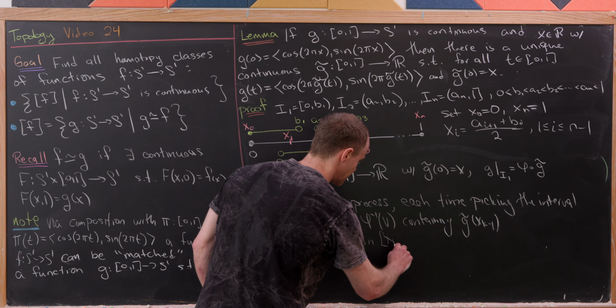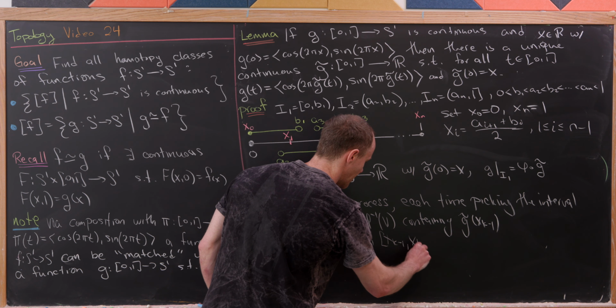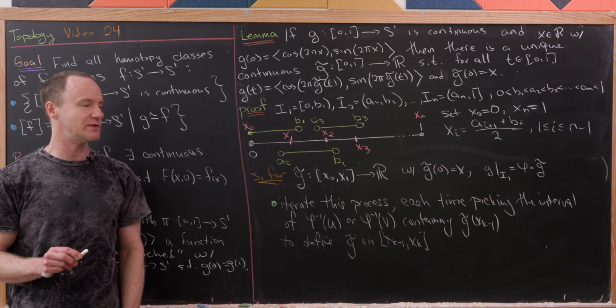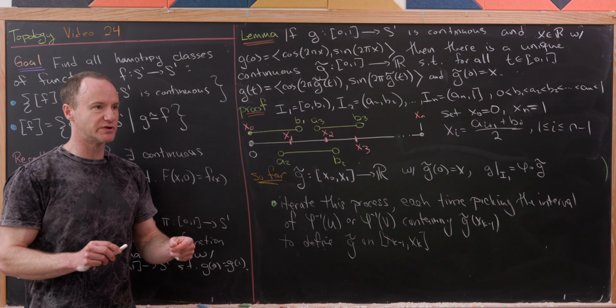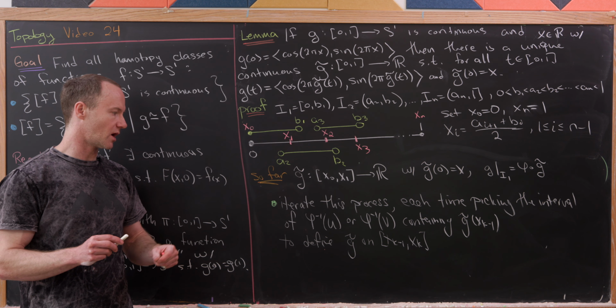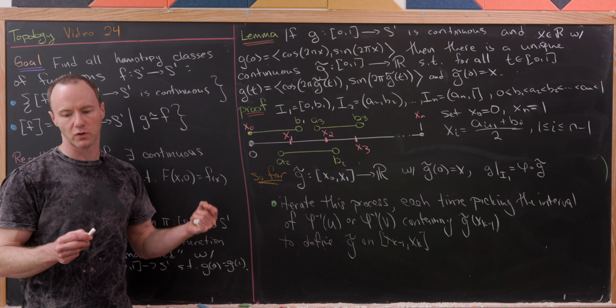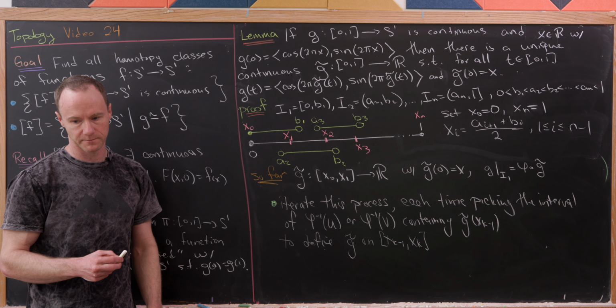And that new interval is x_{k-1} up to x_k. Again, each time using the homeomorphism between whatever interval we're on and the portion of U or the portion of V that we talked about before.